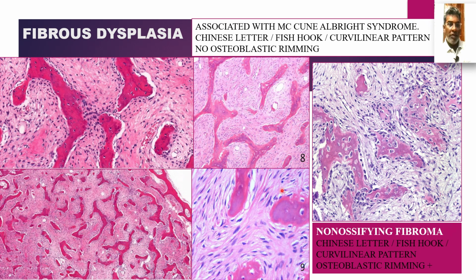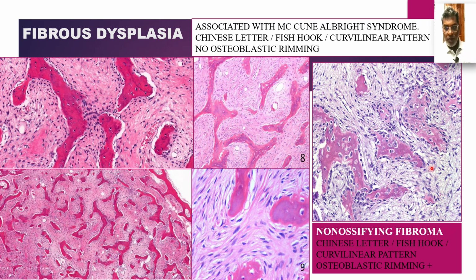One more condition is there, called non-ossifying fibroma, which is also showing Chinese letter pattern or fish hook pattern or curvilinear pattern. But if you appreciate, there is a slight difference. You can observe the osteoblasts in the periphery, they are rimming.